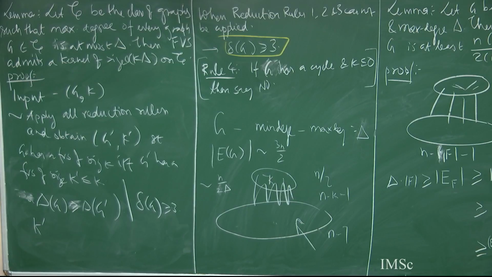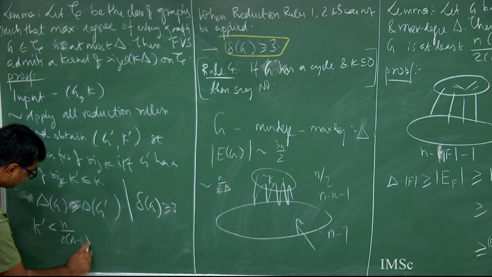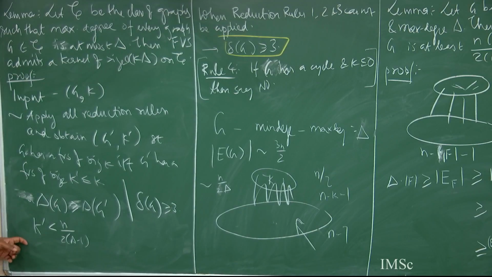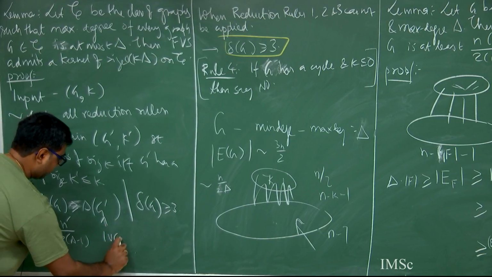So now what can I say about it? I say, hey look, if K prime is strictly less than n times delta minus 2, which is how much? Delta is 3, 3 minus 2 is 1, so forget it, divided by 2 times delta minus 1, then what can you say? If K prime is less than this number, there is no solution. Let us call it n prime.